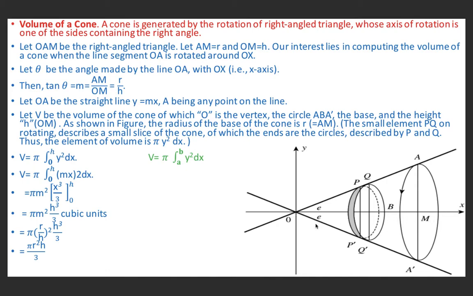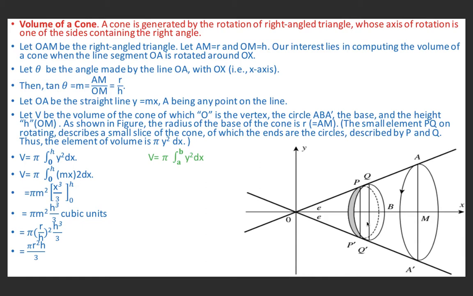It is nothing but H. Also, AM equal to R is the radius of the base, and the small element PQ on rotating describes a small slice of the cone of which the ends are the circles described by P and Q. This is P and this is Q. So the element of volume is pi y square dx.